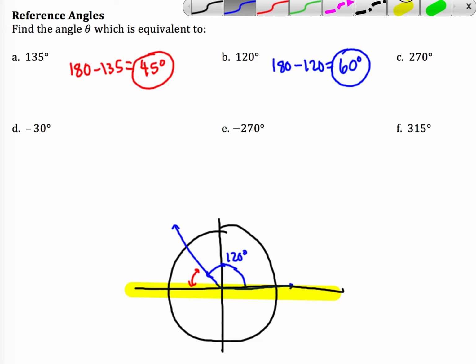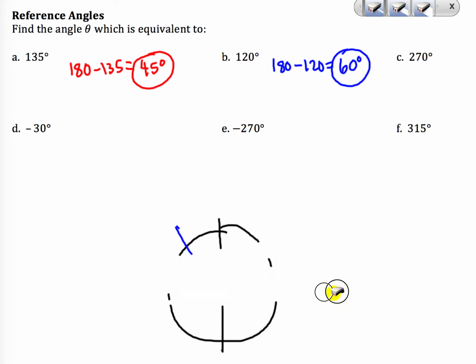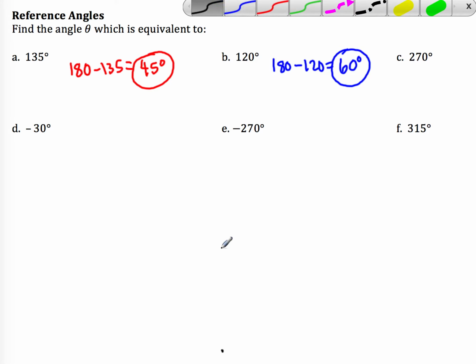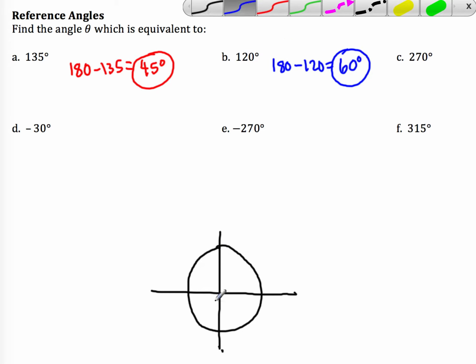Now this next one's quite interesting because we're looking at 270 degrees. So we're going beyond our 180 degrees. Let's draw our unit circle again. 270, again, everyone's starting from the same point. We're measuring from this moment.